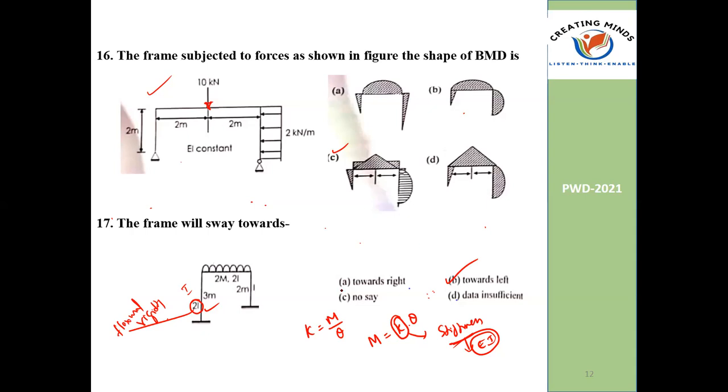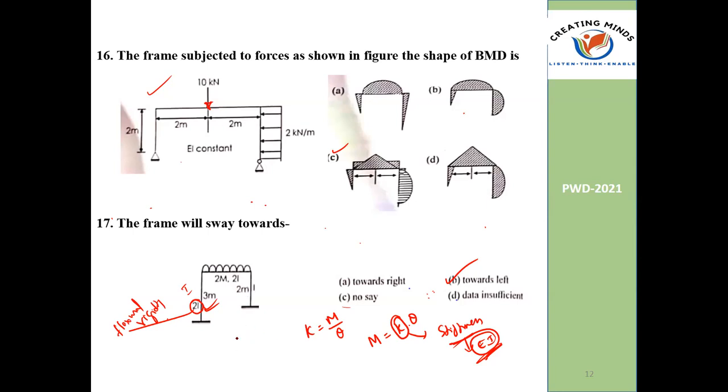I will give one more option, either left or right, and you have to pick one. Don't say, sir, this is 3 meters long, that's why I am taking it. Length is not relevant here. Here EI plays a major role, stiffness. Here this is 2I, twice. That's why the swing takes place on the left.